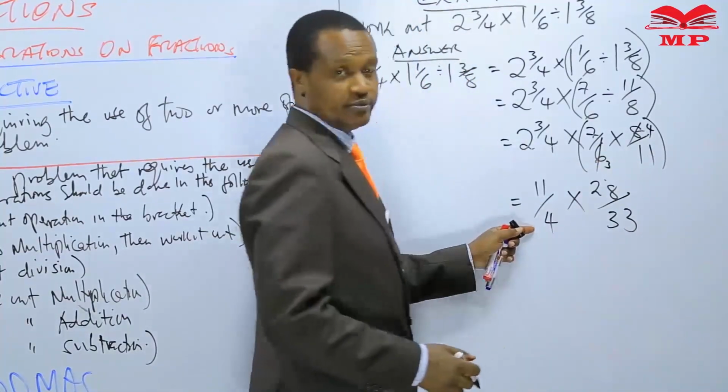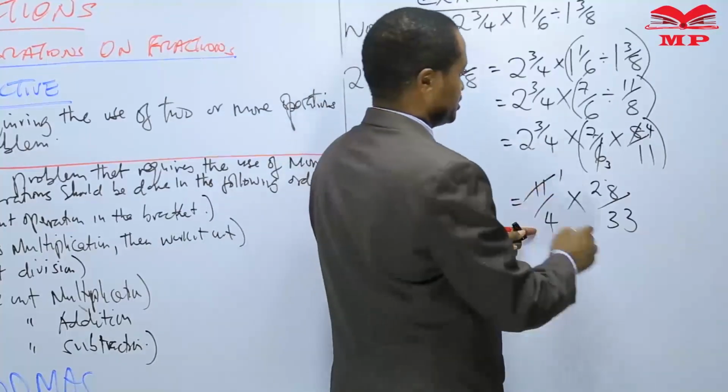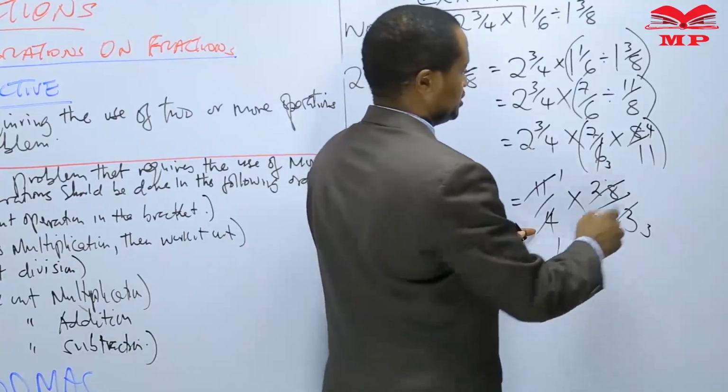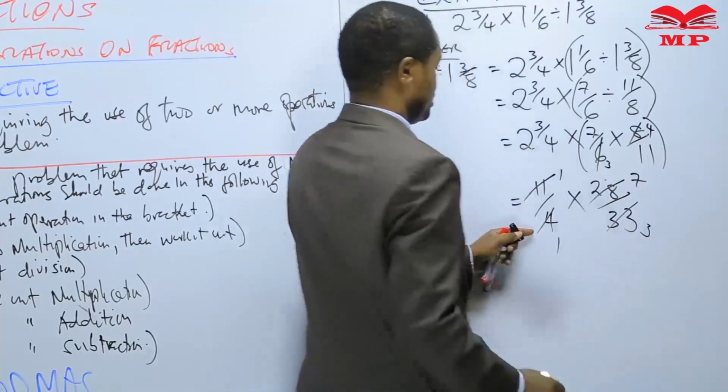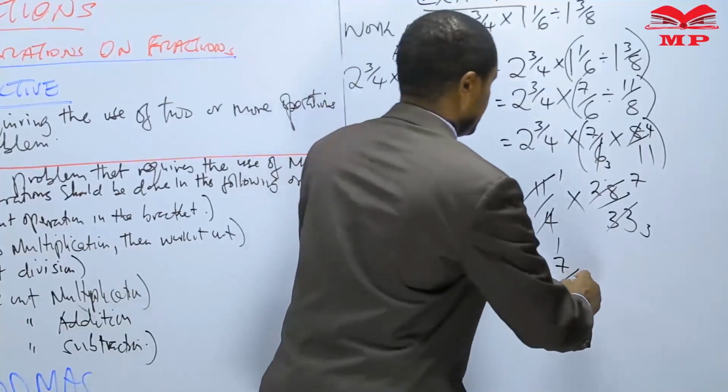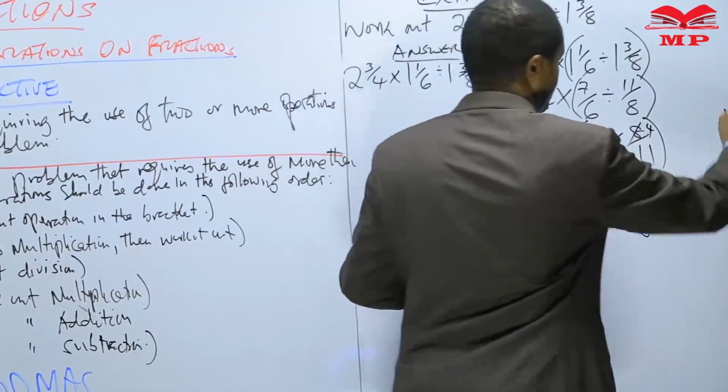So we simplify by cancellation. 11 goes here once, 11 goes here 3 times. 4 goes here once, 4 goes here 7 times, leaving us with 7/3.